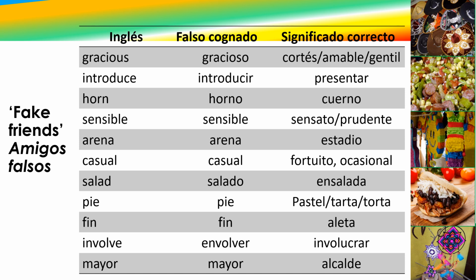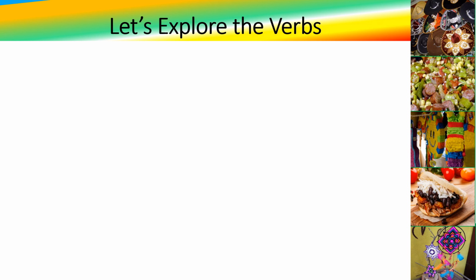So we are going to now look at some acronyms for using the verbs ser, tener, and estar. So we have looked at the tips to improve your vocabulary. Now we are going to explore the verbs that this video is really about. Okay?